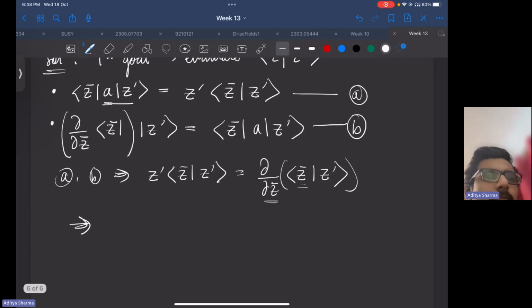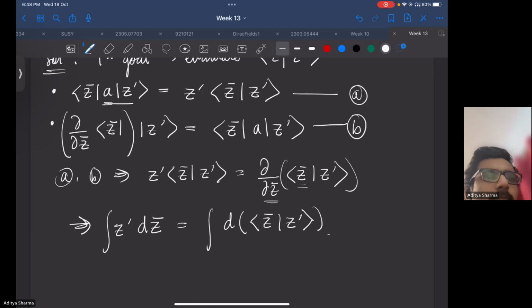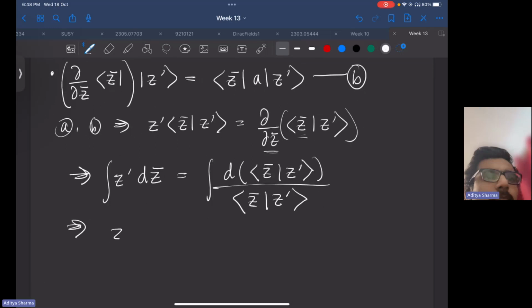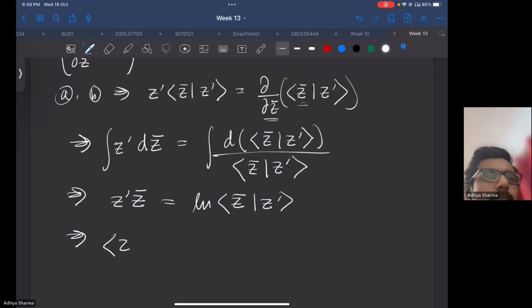So this means that we're going to have a differential equation, which implies the inner product of z prime and z bar is equal to ln of z prime, which implies the inner product of z bar and z prime is equal to e power z.